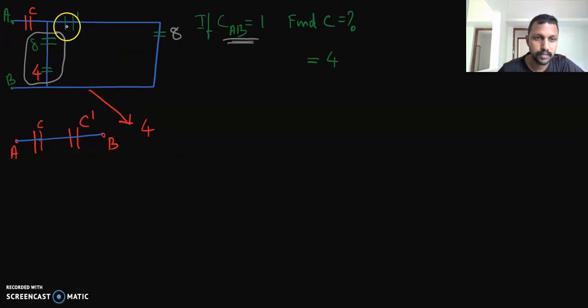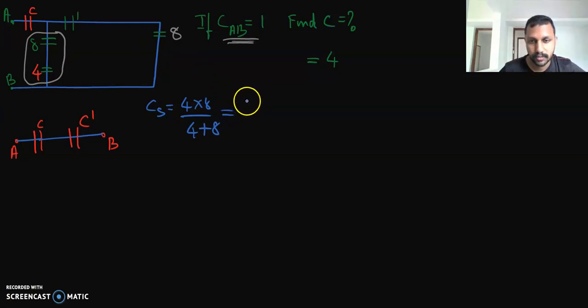And these two are in series. If they are in series, we can solve it over here: C1 C2 divided by C1 plus C2, that is CS is equal to 4 into 8 divided by 4 plus 8, that is 4 into 8 divided by 12. 4 and 12 will get cancelled, then 8 by 3.